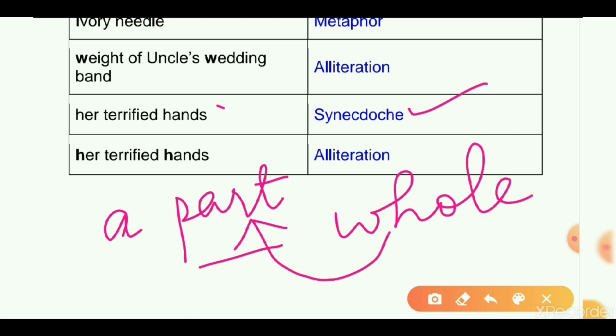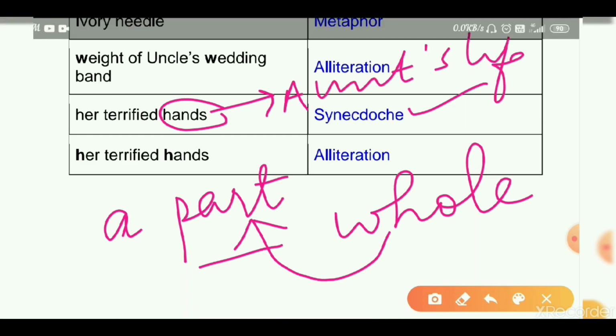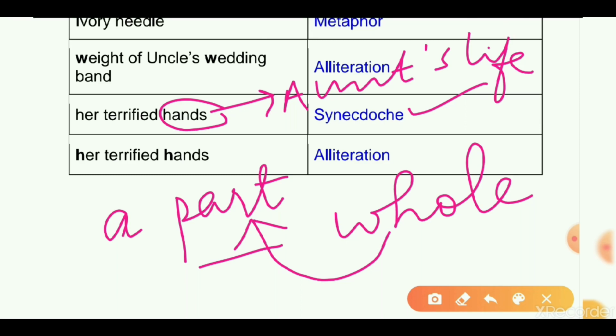So which particular word is representing whole here? So the word hand stands for Aunt Jennifer's life. Okay, so it is not only we are referring to her hands, we are referring to her whole life, which has got affected due to this domination by her husband. So synecdoche is here.